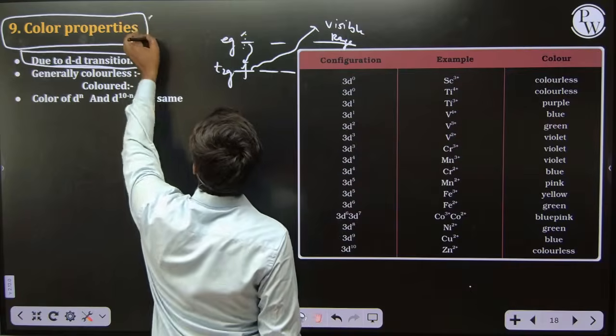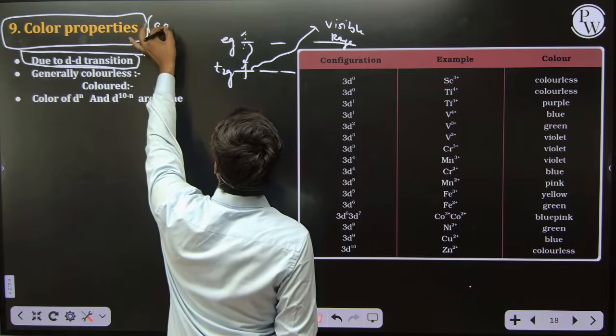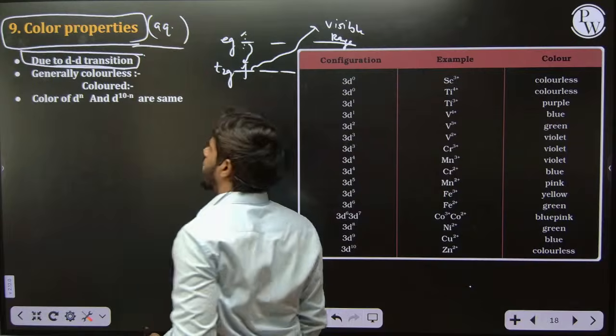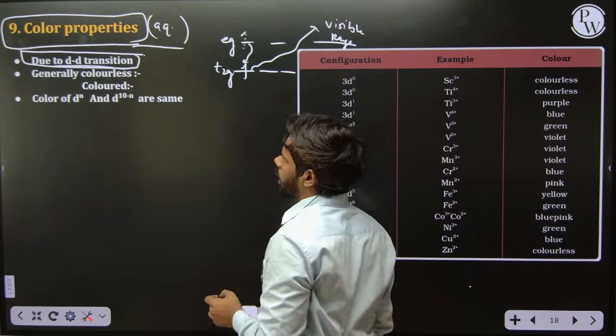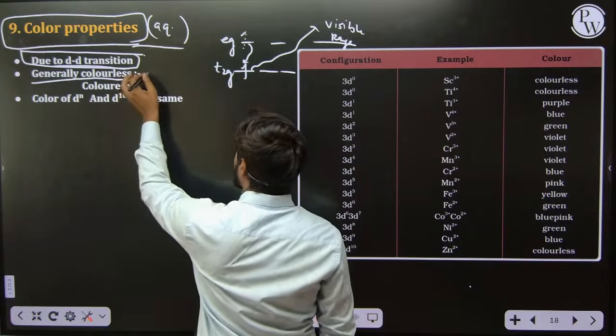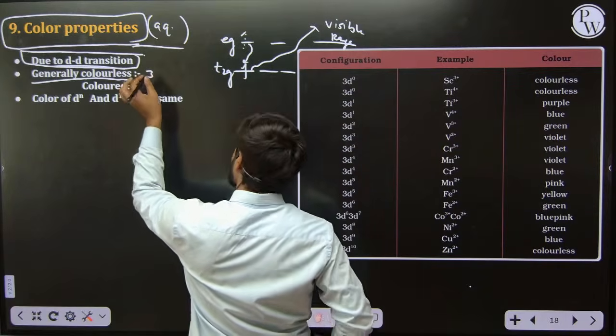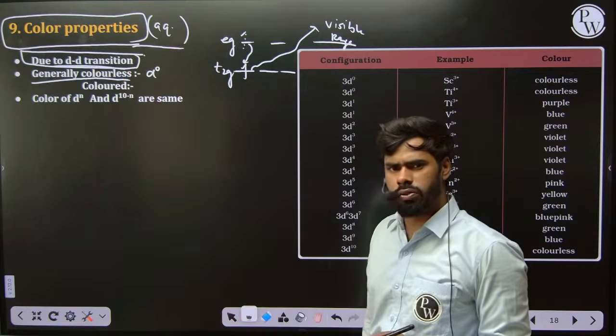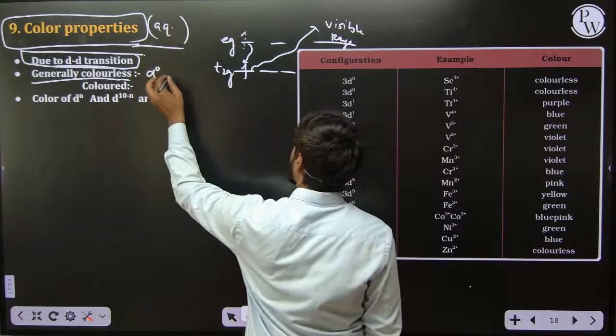This color we are checking in the aqueous medium, for all the ions in the aqueous medium. Generally ions are colorless if d has zero unpaired electrons, since there is no possibility of transition of electrons.